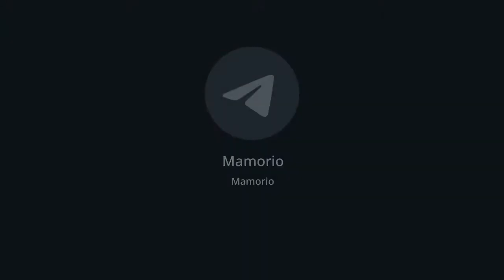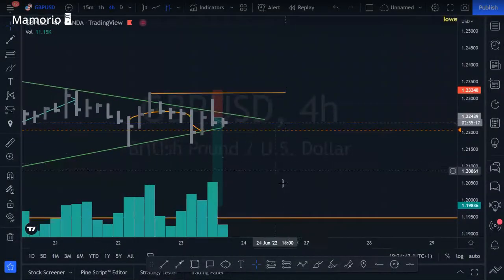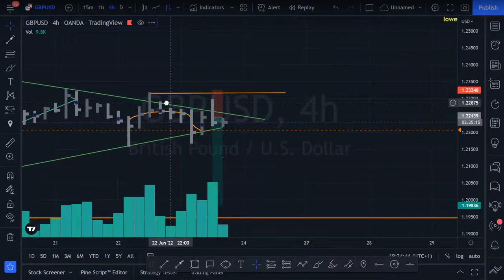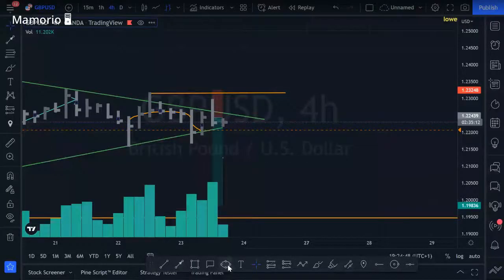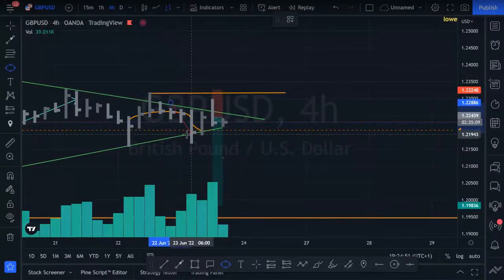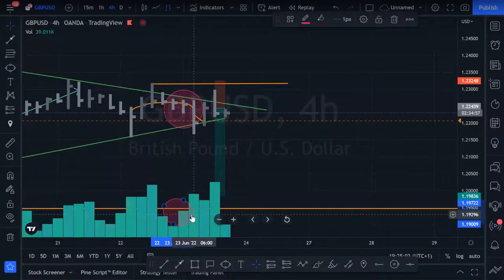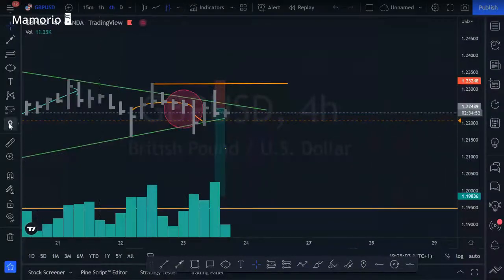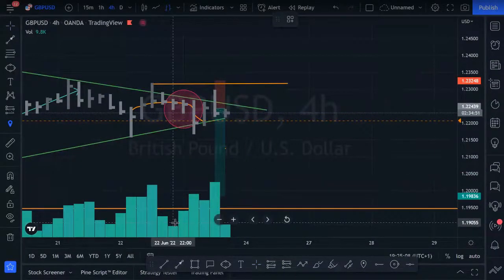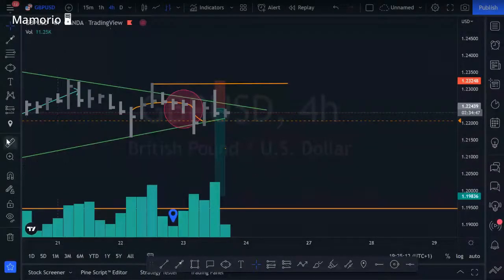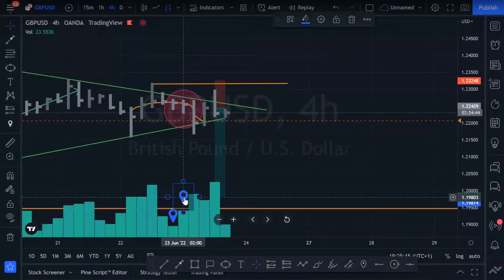Let us look keenly at these two bars over here and their volume. What do we note about these two areas?